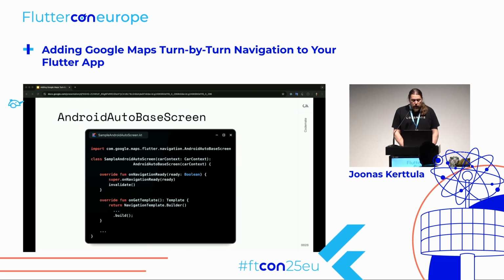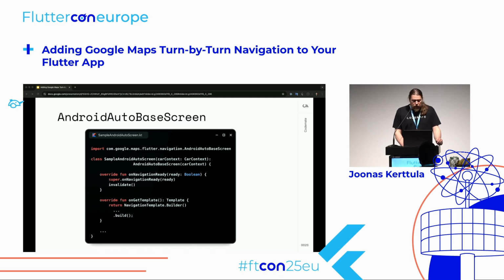But the reason why we made it this way is that in every use case you have to create a different kind of template for the Android Auto screen, and we don't have ways to do those layouts on the Flutter layer at the moment without doing a little bit of extra work which is not related to this plugin itself.